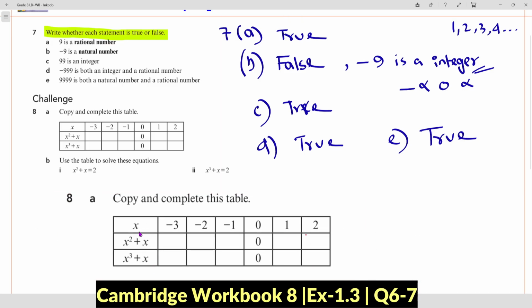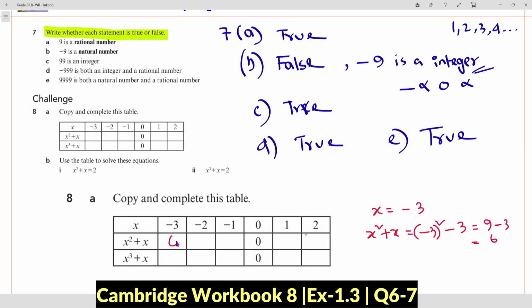First, here is the x row, some numbers like -3, -2, -1, 0, 1, 2. In the second column, x square plus x, look, x equals -3, so x square plus x means -3 square plus -3. So -3 square is 9, and -3, it will be 6.